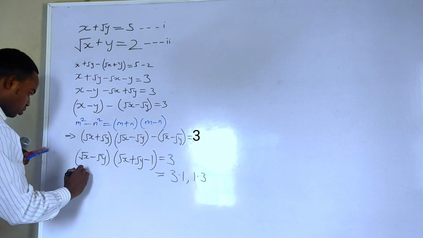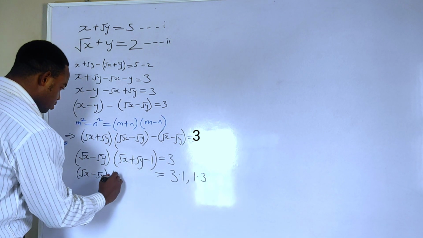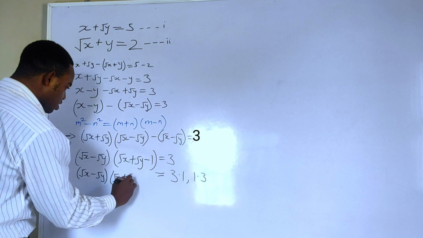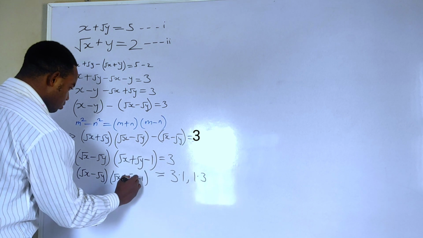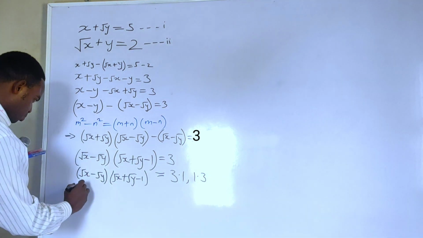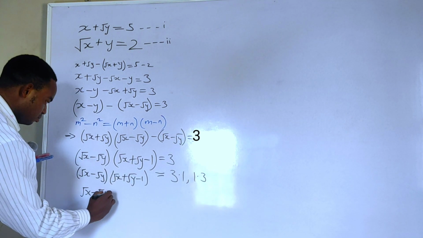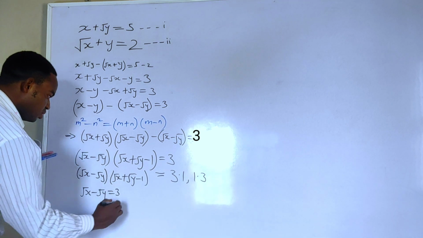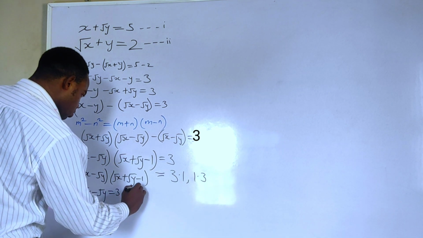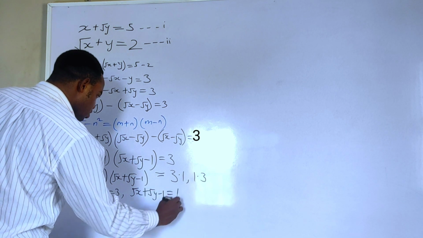So we can conclude at this point that the square root of x minus square root of y is equal to 3, and the square root of x plus the square root of y minus 1 is equal to 1.